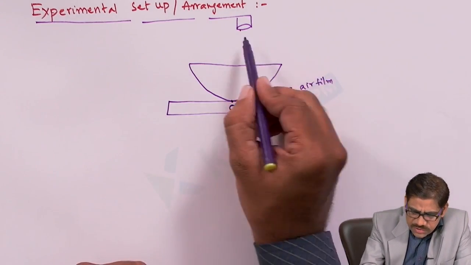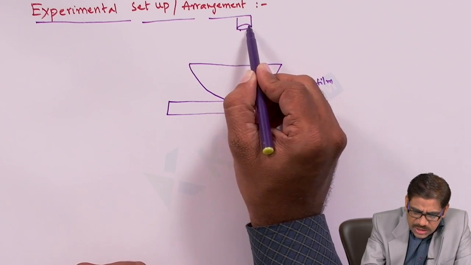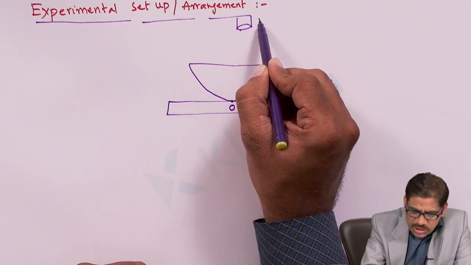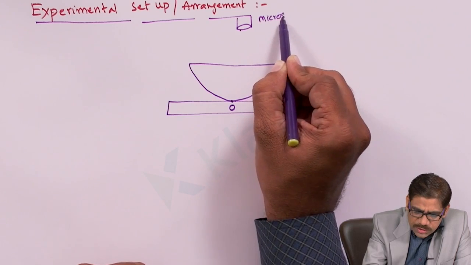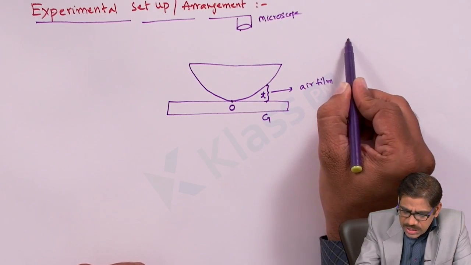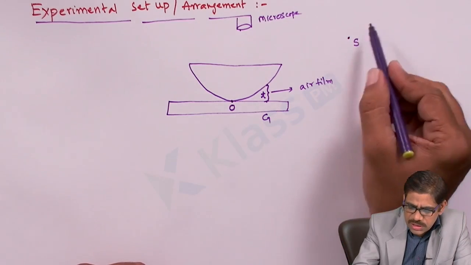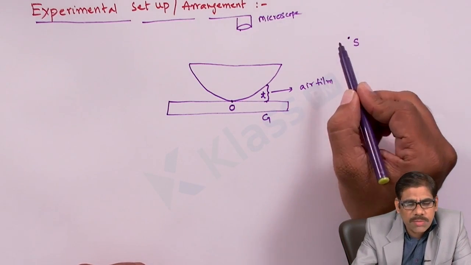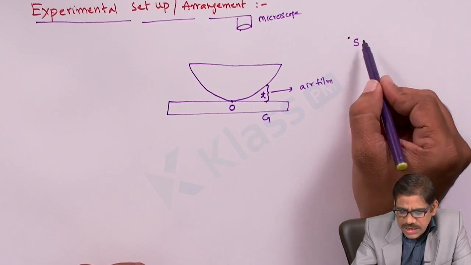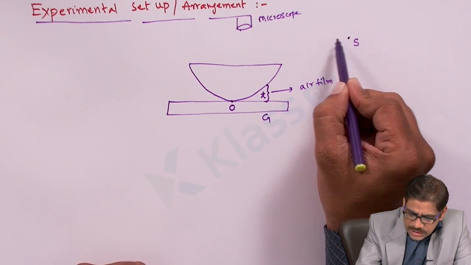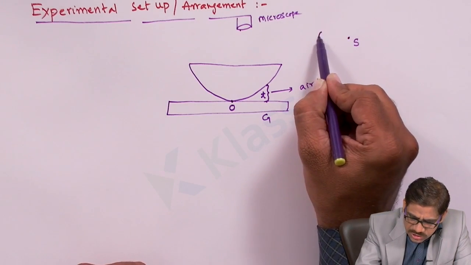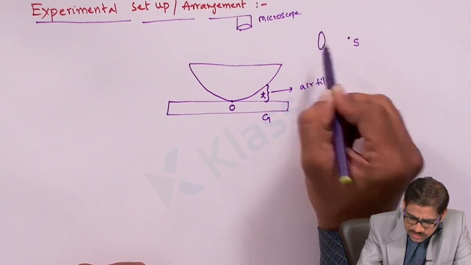This is what we call the microscope. Here we have the source, let us call this S. This is from where the monochromatic light comes, and that monochromatic light will pass through a convex lens like this.